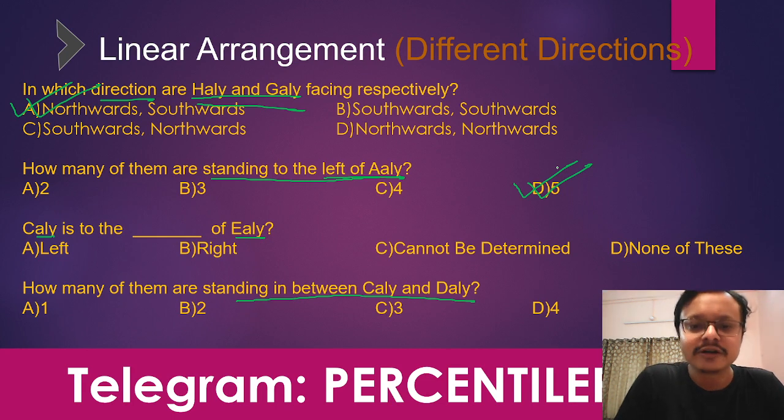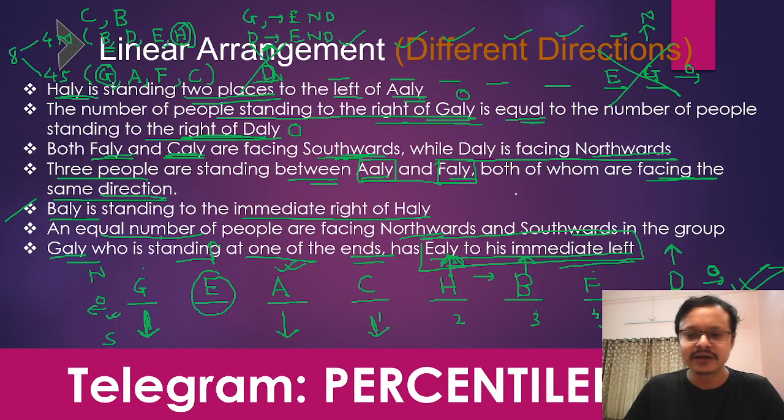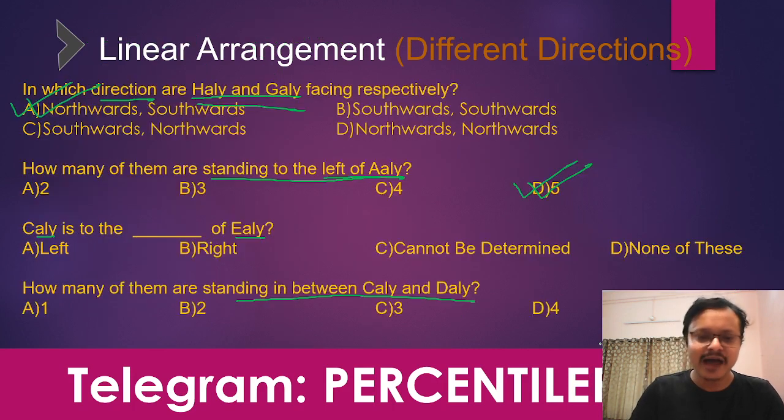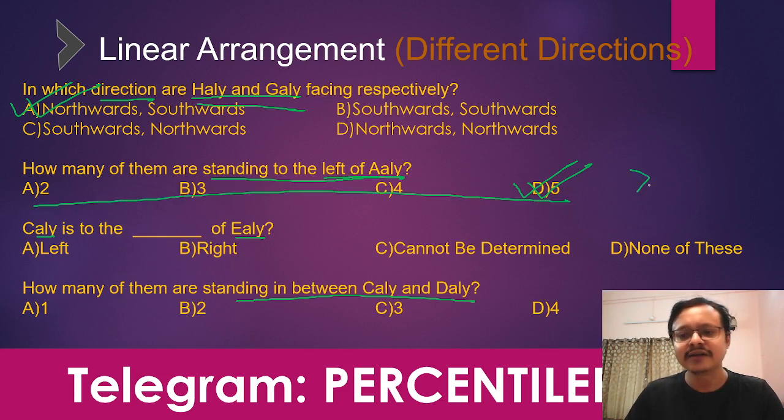For those of you wondering how we could have used the question options in this set, remember there was this confusion about Ali and Fally in these two positions. If you look at the options, it is evident that the number of people to the left of Ali is greater than 1.